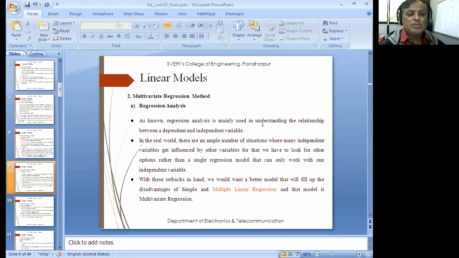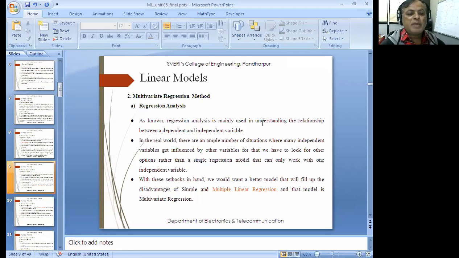So हम real world में तो देखेंगे तो ऐसा तो नहीं हो सकता कि आपको दो ही वेरिएबल्स मिले, एक डिपेंडेंट और इंडिपेंडेंट वेरिएबल. रियल वर्ल्ड में आपको एम्पल सिचुएशंस मिलेंगे जहां पर इंडिपेंडेंट वेरिएबल्स आर गेटिंग इन्फ्लुएंस्ड बाय अदर वेरिएबल्स, दैट वी हैव टू लुक फॉर अदर ऑप्शंस रादर देन सिंगल रिग्रेशन मॉडल दैट कैन ओनली वर्क विद वन इंडिपेंडेंट वेरिएबल. सो आपको एक इंडिपेंडेंट वेरिएबल पे काम करना है तो सिंपल रिग्रेशन मेथड से आप जा सकते हैं, मगर ऐसा तो हर बार हो नहीं सकता. आपको एक से ज्यादा इंडिपेंडेंट वेरिएबल्स मिल गए तो आप उस वक्त क्या करेंगे?